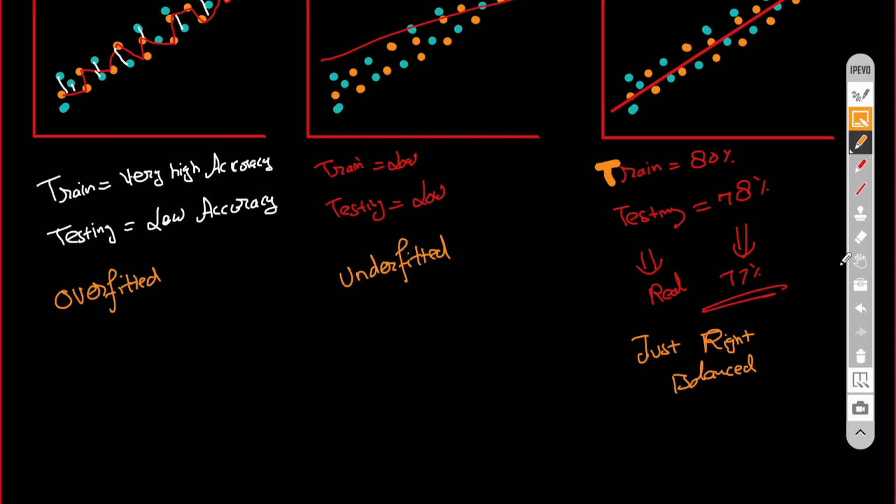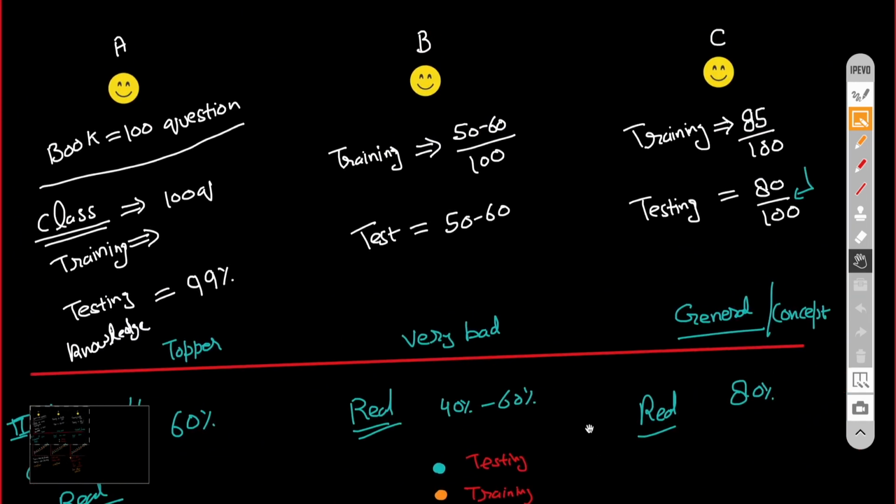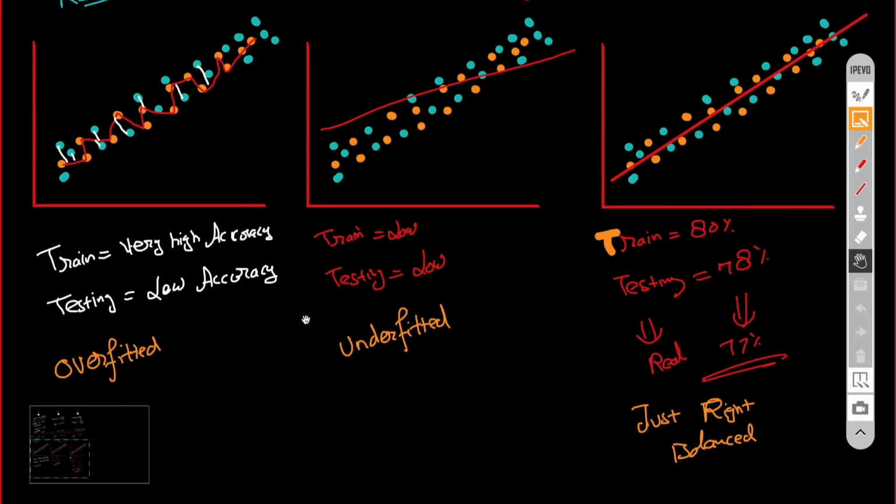Would you be able to recall this? If somebody asks you what is overfitted, would you be able to recall? Training very high accuracy, testing very low. Training very low, testing very low is underfitted. And just right or balanced are the ones who are able to generalize the data.